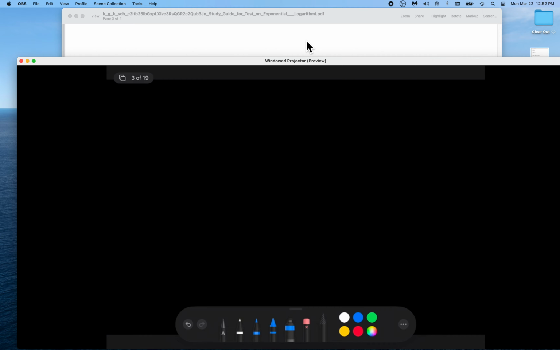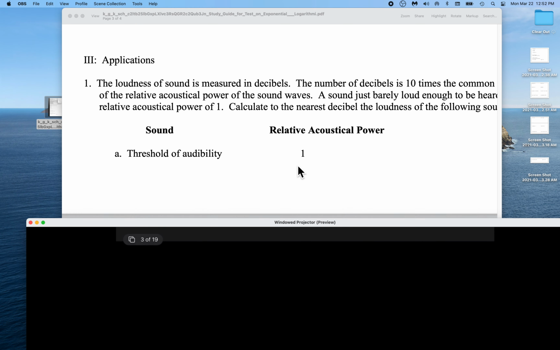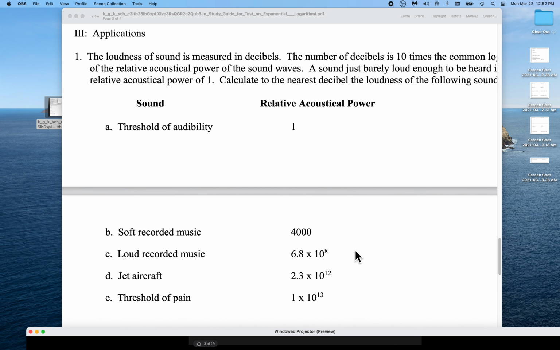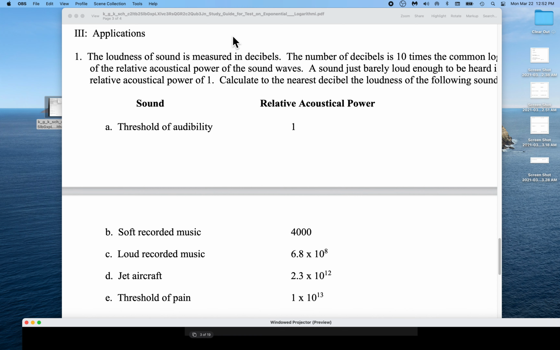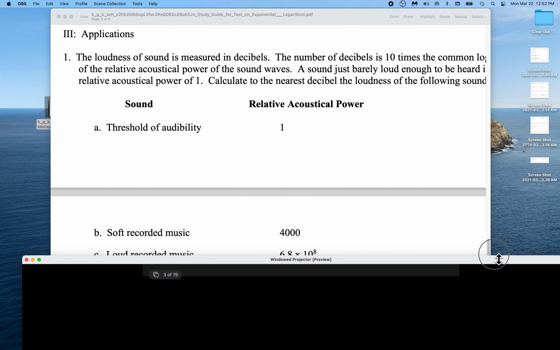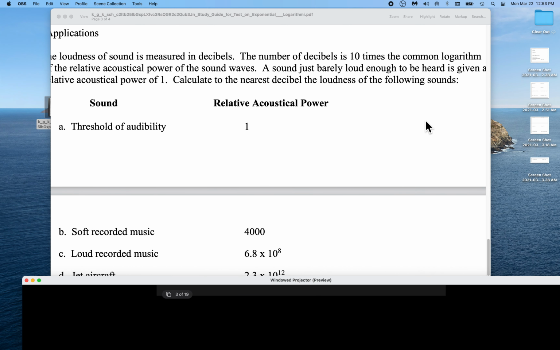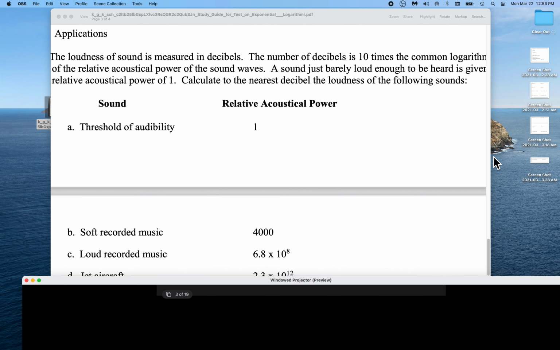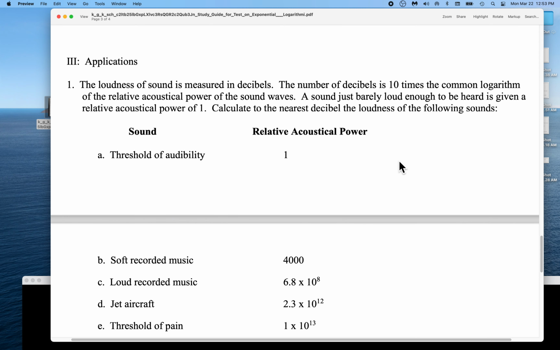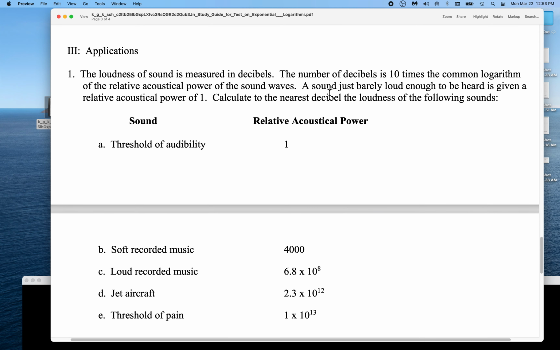Now it looks like we talk about applications. So now we're moving into a different part of this review. Let's back off a little bit here. For this one, if you read through this problem, they say the number of decibels is 10 times the common log, that's log, of the relative acoustic power.